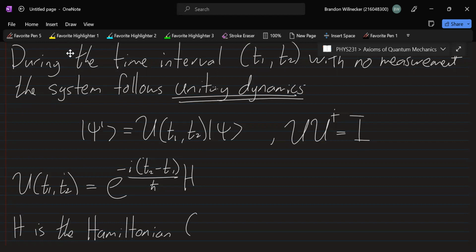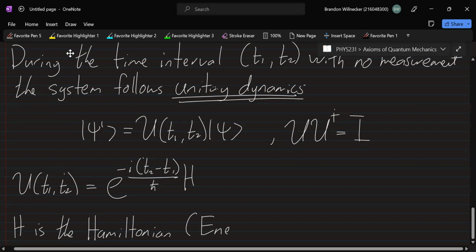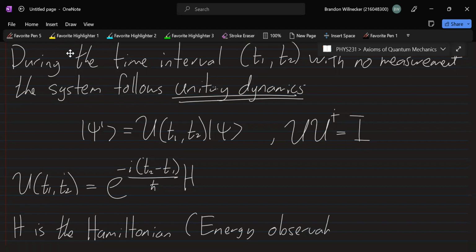Since it's an observable, we know it's self-adjoint, and everything that goes with being self-adjoint, which we discussed in the section on Hermitian matrices.